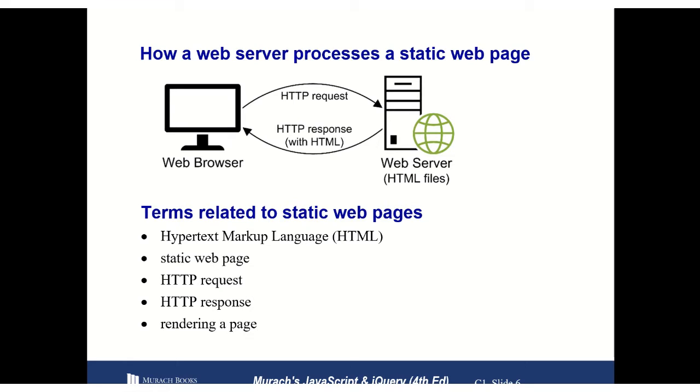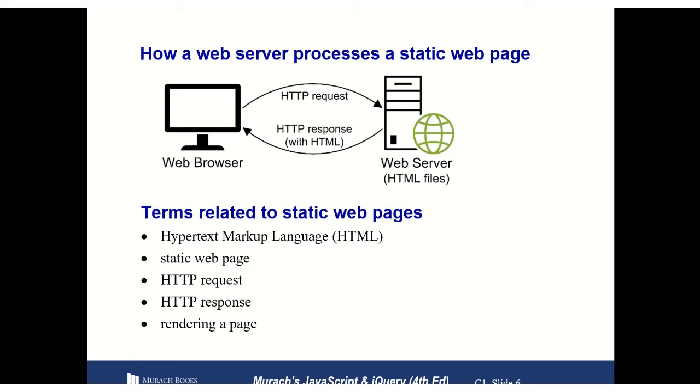The definition of a static web page is very simple. This is one that does not change each time it is requested. This type of web page is sent directly from the web server to the web browser when the browser requests it. So you can see here there is an HTTP request and an HTTP response.